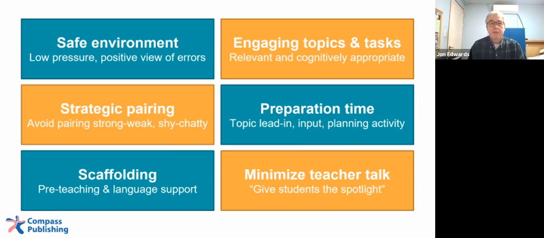Also having a positive view of errors, like thinking of errors as an opportunity to learn something, and using some of the strategies that we talked about with error correction just a couple of minutes ago. Doing an error correction session after an activity, not mentioning people by name. This can create a safe environment for students to be more willing to participate.